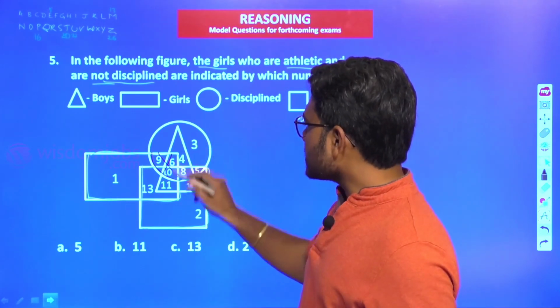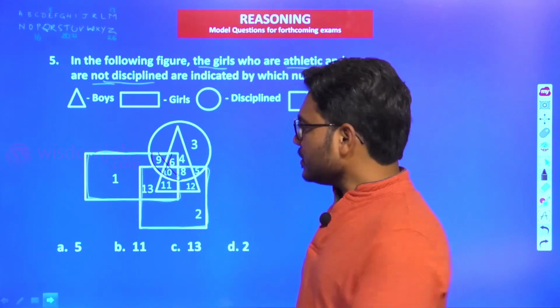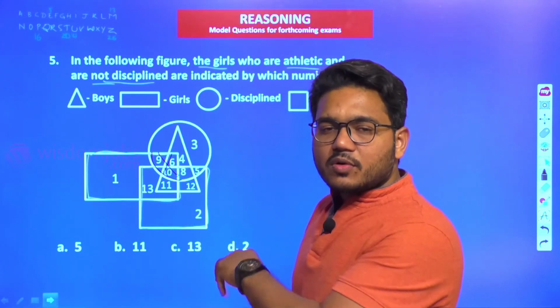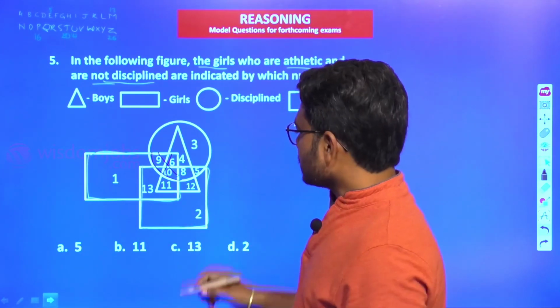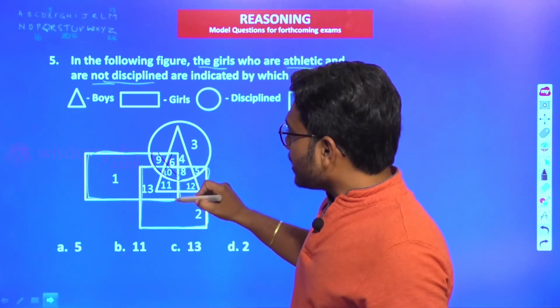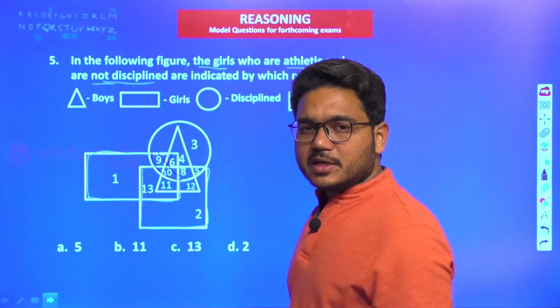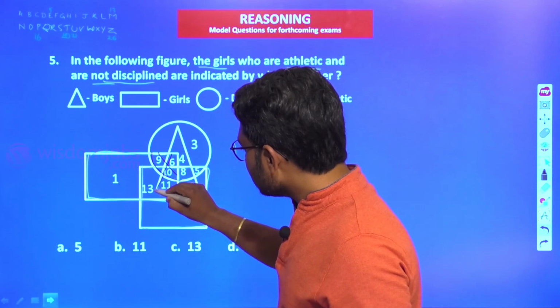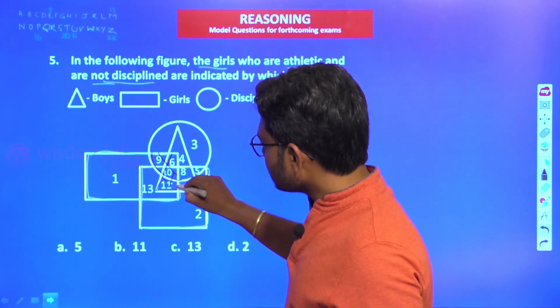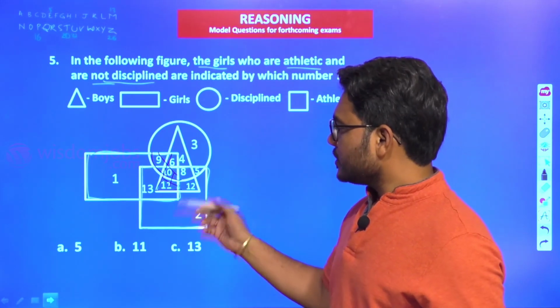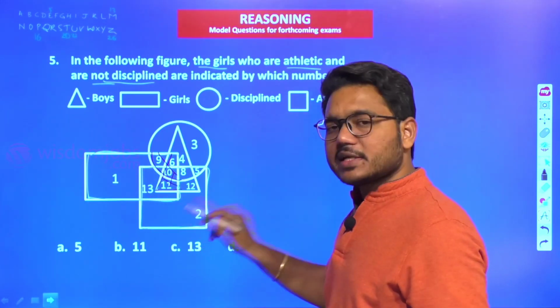Another part is within the intersection of this rectangle and square. We have got some part related to the circle also, but we have removed that circle part anyway. The part which belongs to this triangle that represents boys, we need to remove that also. This part. So what is the common area between this rectangle and square?